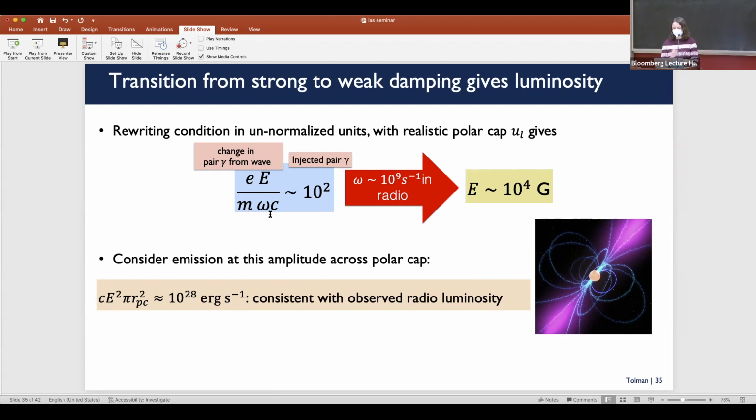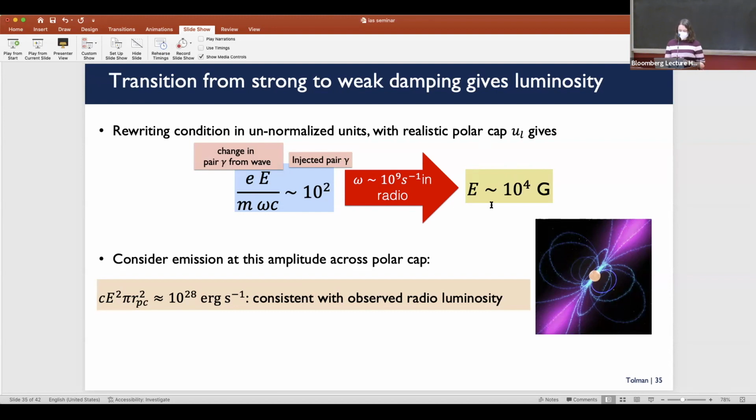I'll also note that you can estimate that frequency from the plasma physics of the discharge and the temperature spread in the injected pairs, for instance. You can look into that in our paper, but for here, I'll just say that this frequency is in the radio. And from there, you can get an electric field amplitude at which the strong damping of the discharge ceases.